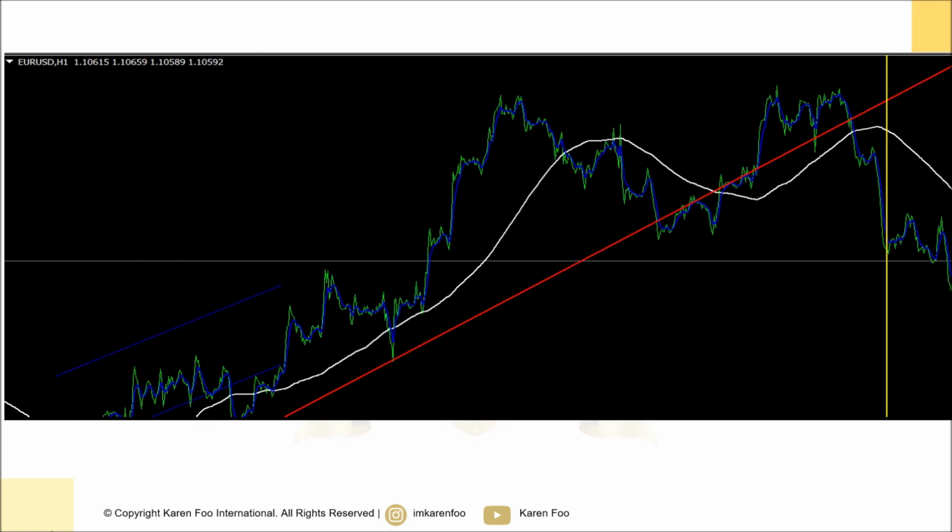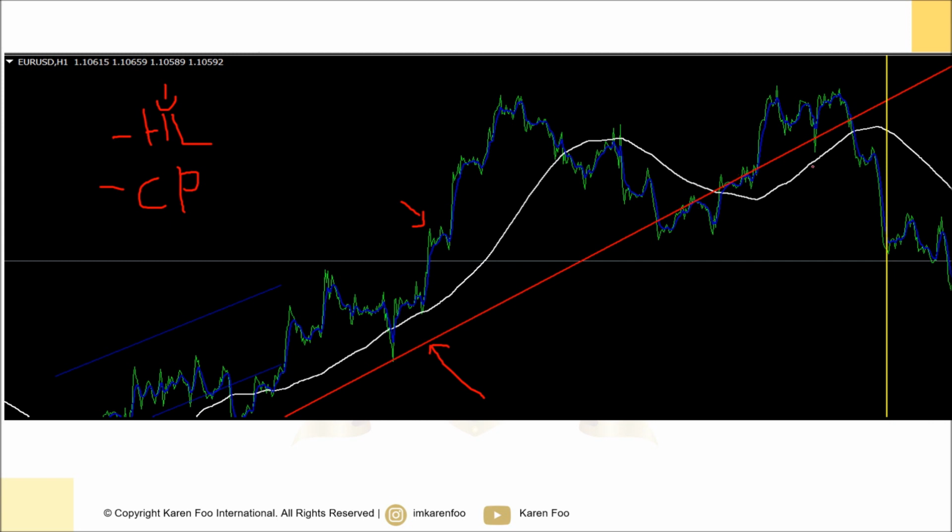Now I think some people ask, Karen, should I construct my trend line, draw my trend line based on candle high and low, or should I draw it based on closing price? Personally, I would draw it based on high and low, but if you feel that closing price is more suitable for you, then what you can do is that you can change your chart to a line chart, and then because all the data are based on closing price, then you can just draw a line based on the green line over here, which is the closing price.